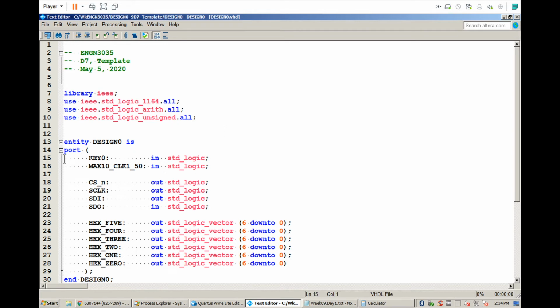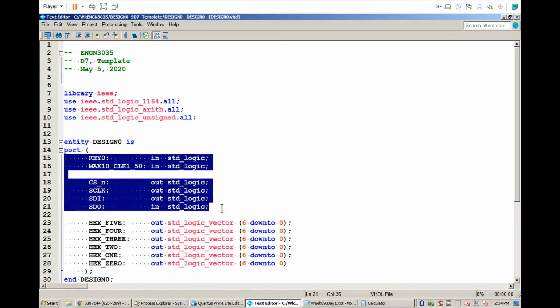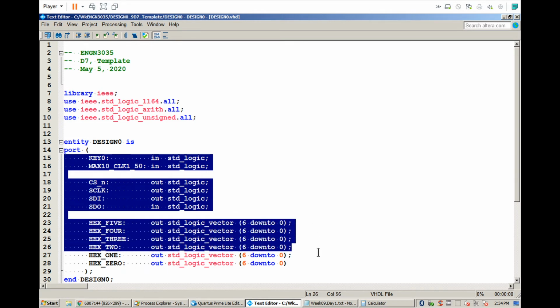It is exactly the same inputs. For the reset, we're using key 0. For the clock, we're using clock 1. Then we have 3 outputs: CS, S clock, SDI. 1 input, SDI. And 6 hexadecimal displays, Hex 5 4 3 2 1 0.